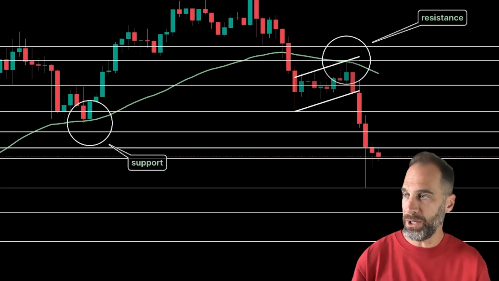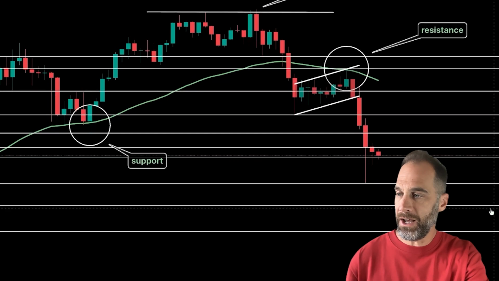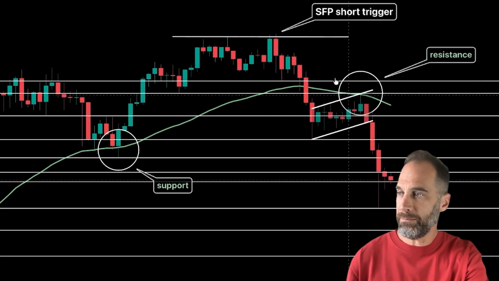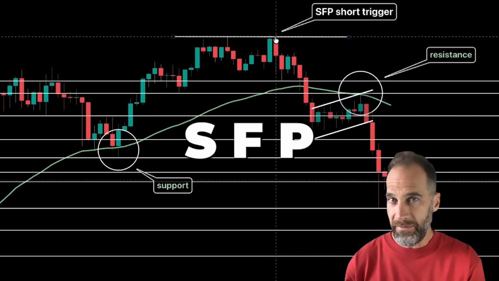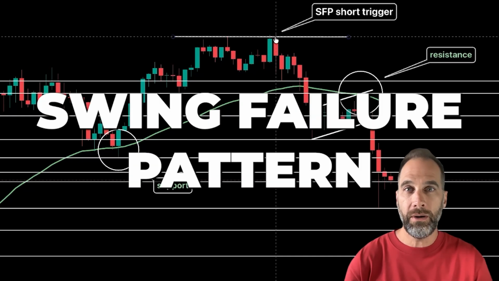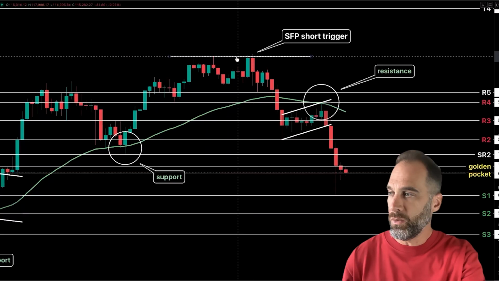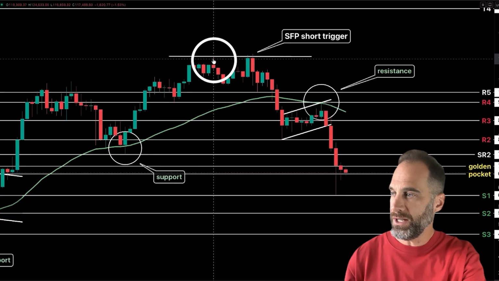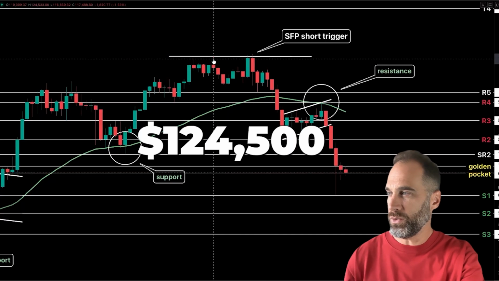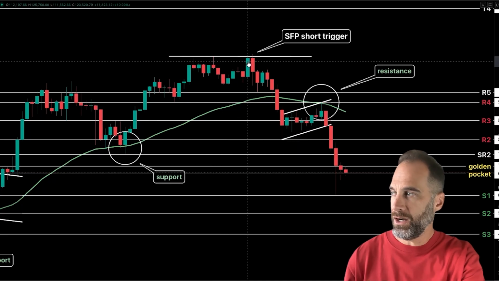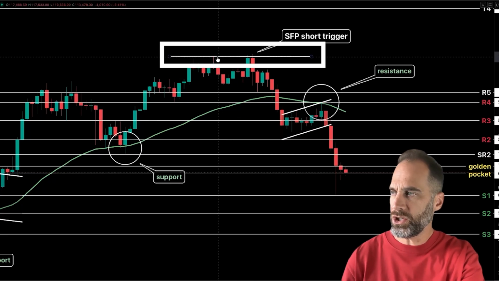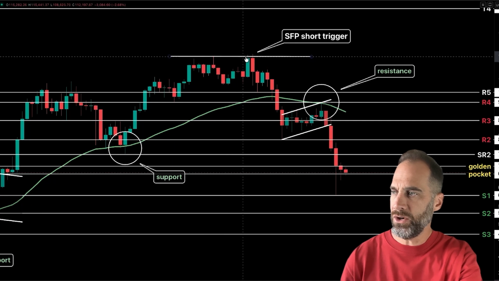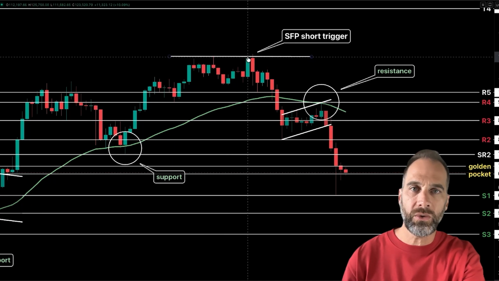Now, taking a look at Bitcoin, I'm going to show you exactly how I shorted the exact top on Bitcoin with a laser entry. It's called an SFP, swing failure pattern. And basically, this is something we teach in the FFA. Now, when price comes up and puts in a significant high right here, like it did around 124.5, and again around 125,750, you just draw a straight line and you're understanding that's a critical level.